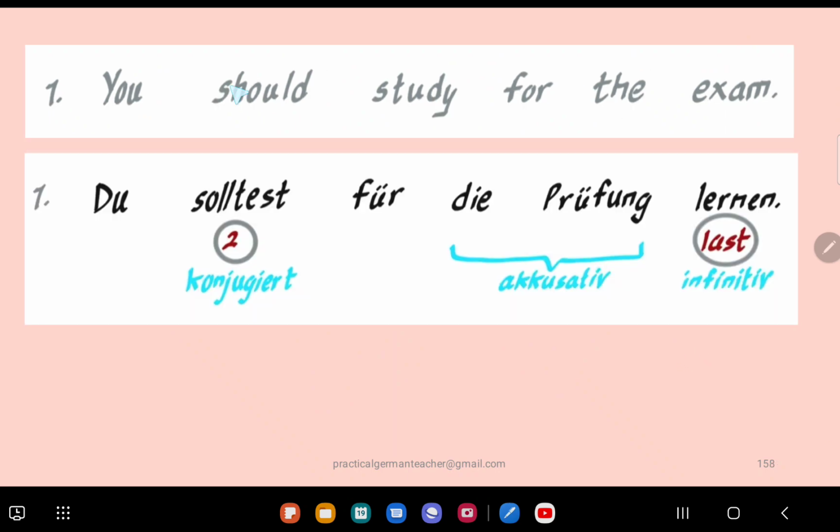As I said, when you use sollten, you only conjugate this one. The other verb lernen, you don't conjugate. It's in infinitive form at the last position. At the second position, you will have sollten conjugated.